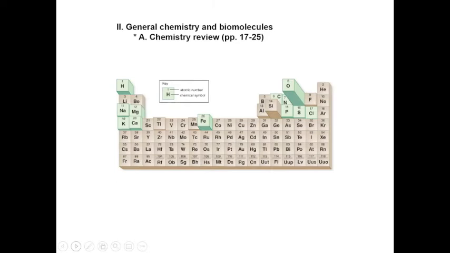Carbon, hydrogen, oxygen, and nitrogen. Easy. How do you remember those? This is your biology professor. Father Chon, right? Yes, that's how you remember that. Okay. So carbon, hydrogen, oxygen, and nitrogen.